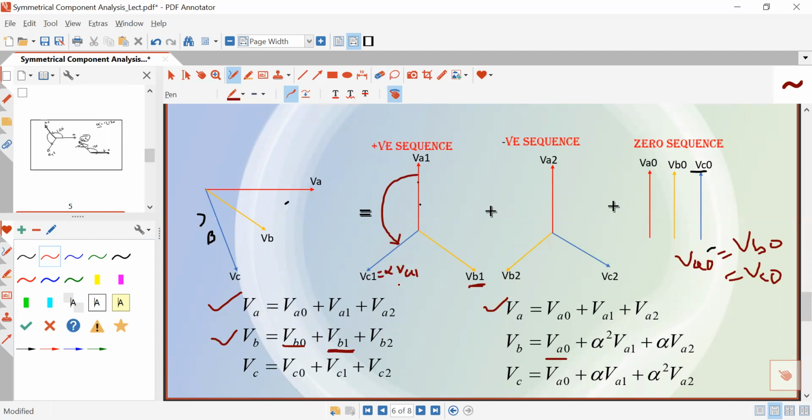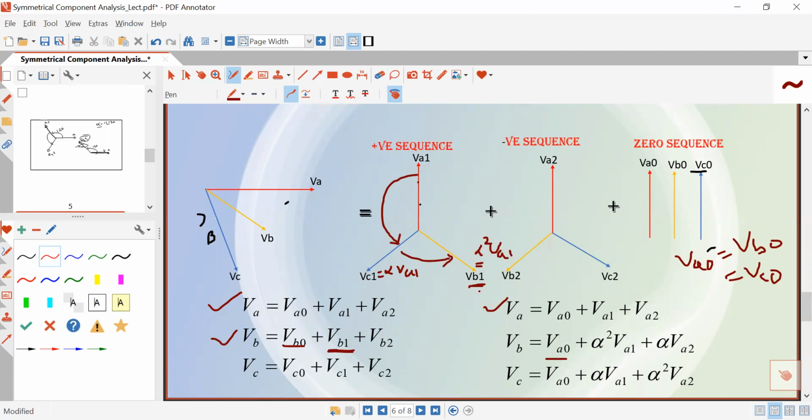When you again multiply alpha to this vector, it again rotates by 120 degree in anti-clockwise direction, and you get this yellow vector, which is VB1. Now it becomes equal to alpha square VA1. This is the role of the alpha operator.